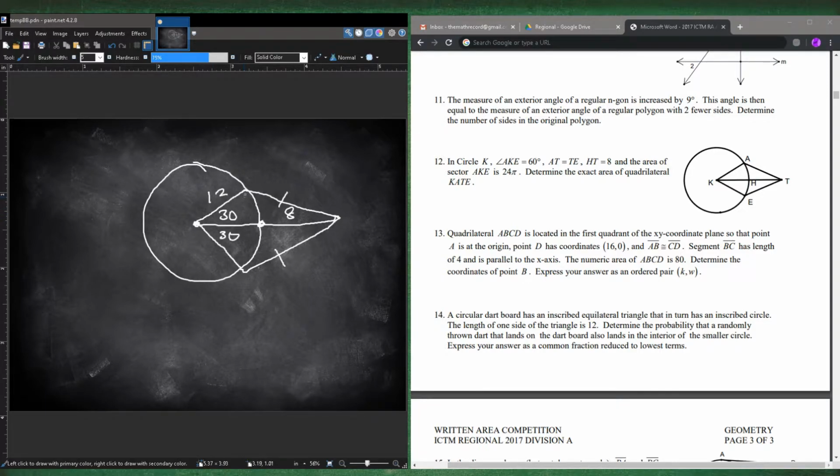Now all we need to do to find the area of this quadrilateral is that since this is a kite, this is the specific shape, it's just this line times this line divided by 2. The reason that works is that if we draw the entire thing out, it's a rectangle.